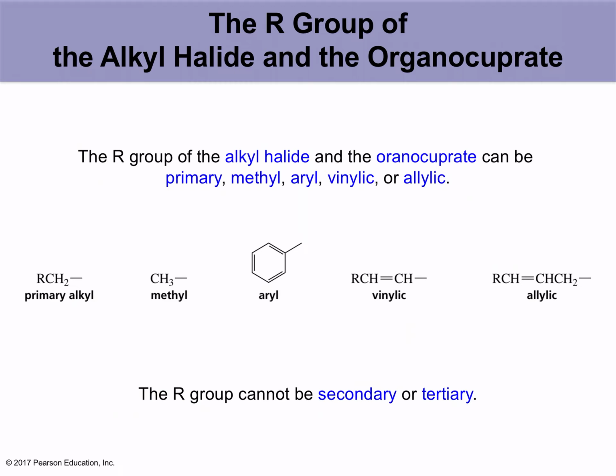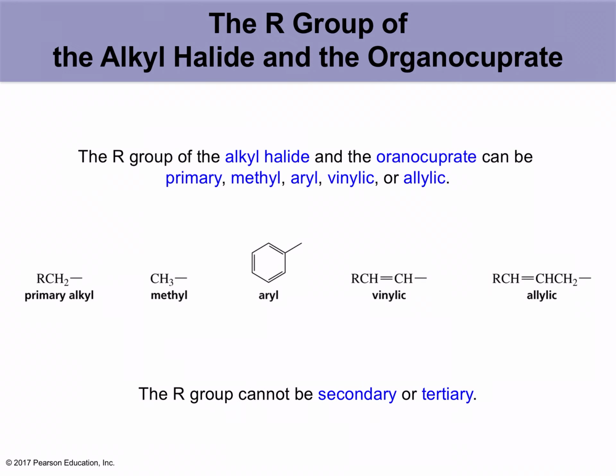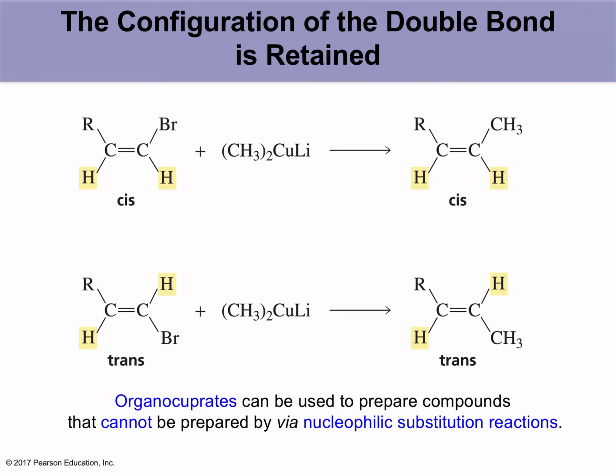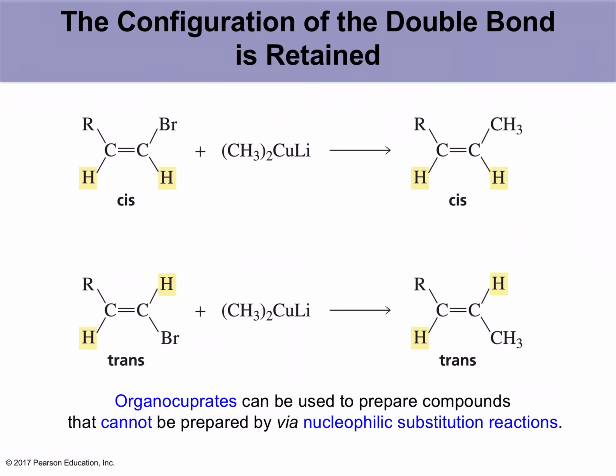The alkyl group of the alkyl halide and the organocuprate. It's talking about the alkyl group of the alkyl halide. So this is the alkyl halide, and this is the organocuprate. In the organocuprate, this is the alkyl group.